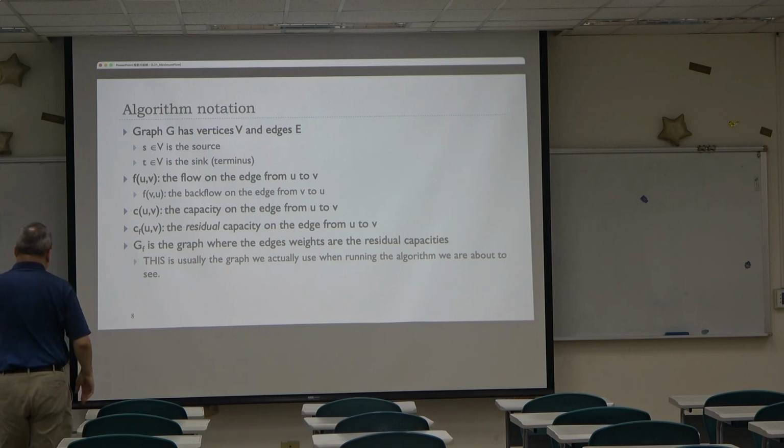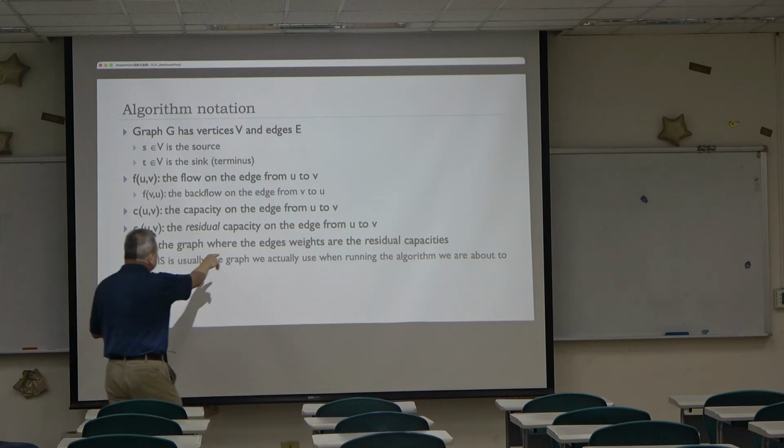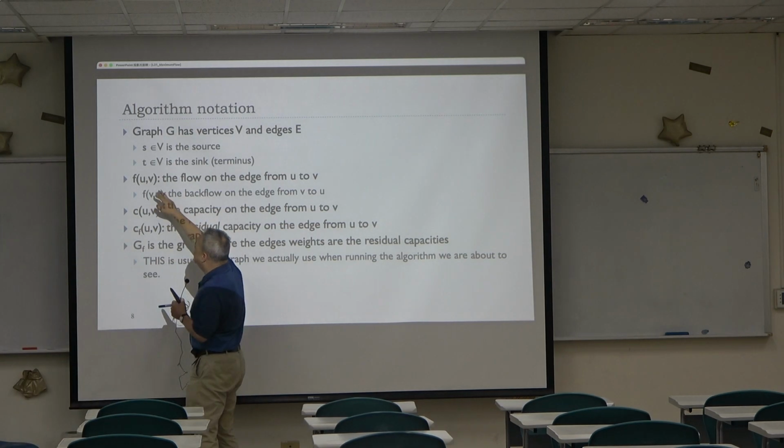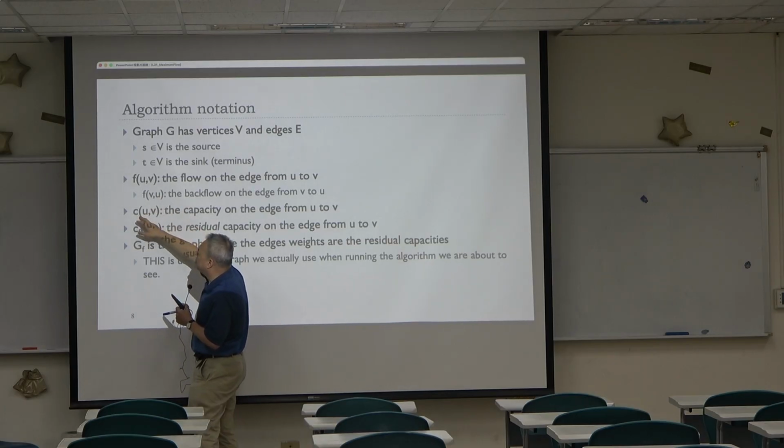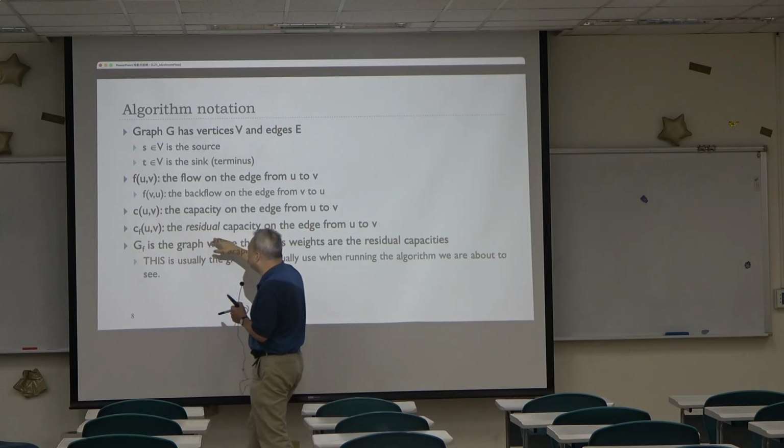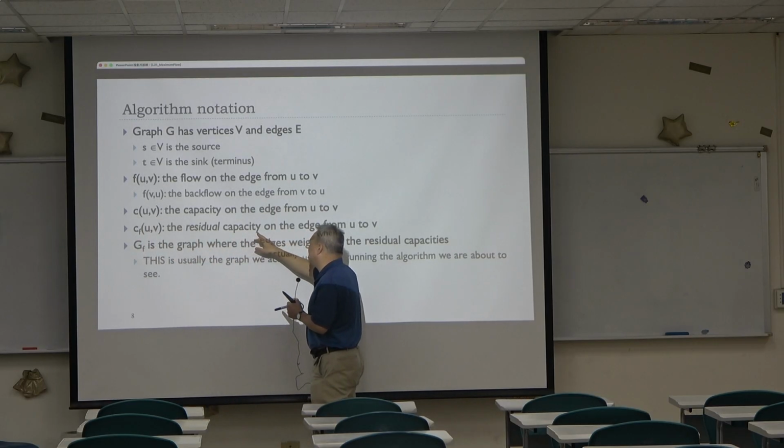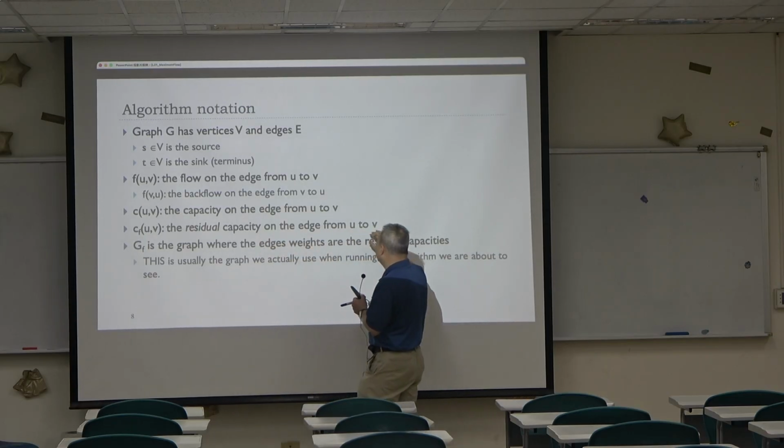And c(u,v) stands for the capacity of the edge from u to v. So, as I said, f(u,v) is going to be smaller than or equal to c(u,v). And what is cf(u,v)? cf(u,v) is the residual capacity on the edge from u to v.